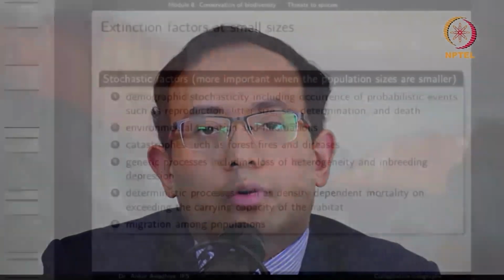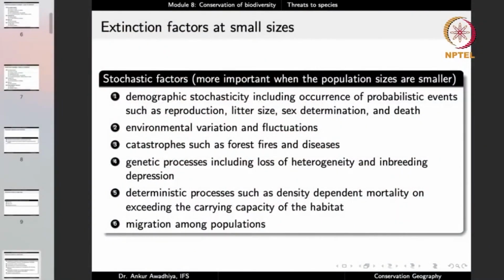If all the males move out, or all the females move out, then the remaining animals will be unable to breed and carry the population forward. So these are the stochastic factors which are very important when population sizes are smaller. They even occur in large populations, but for smaller populations, they are especially tragic.